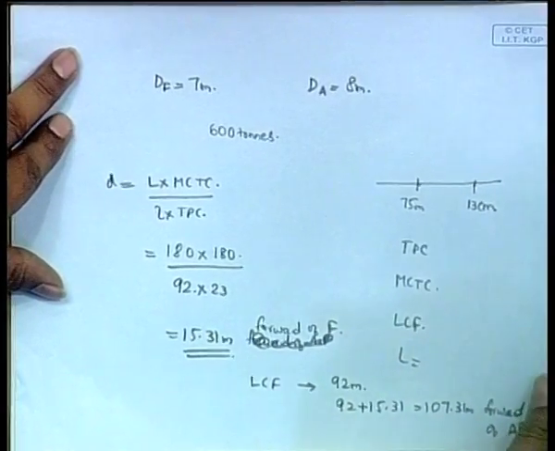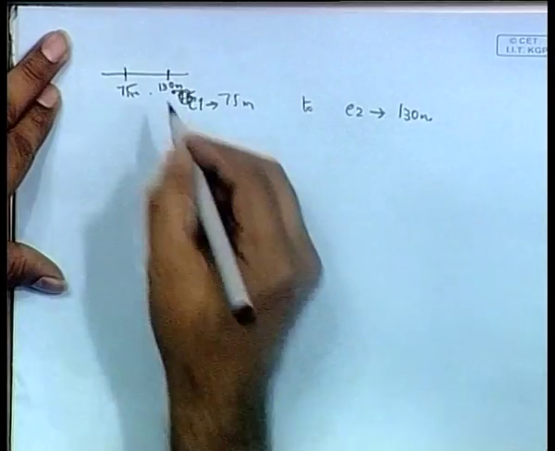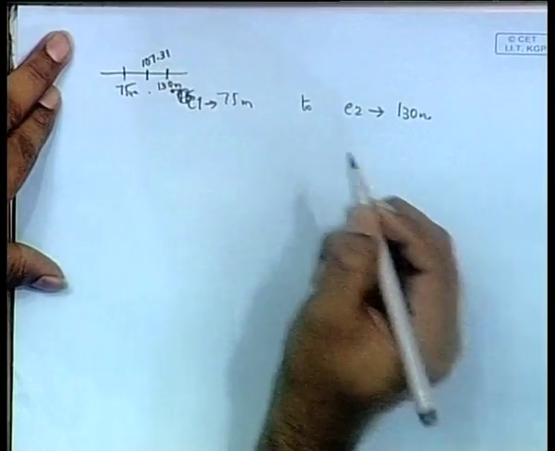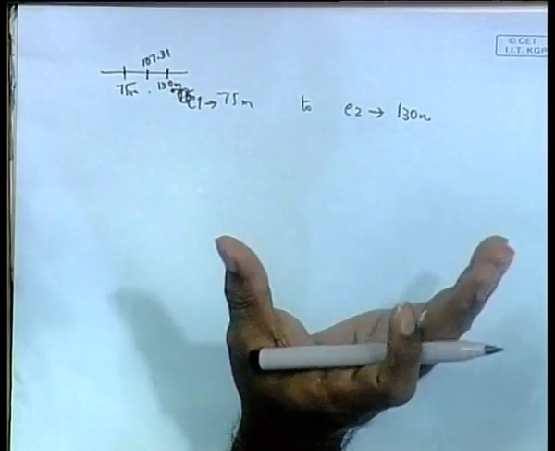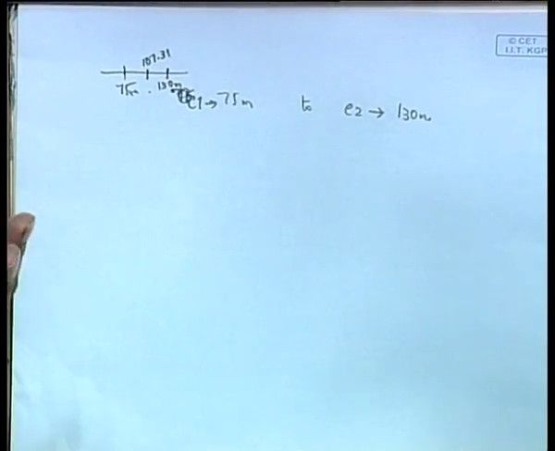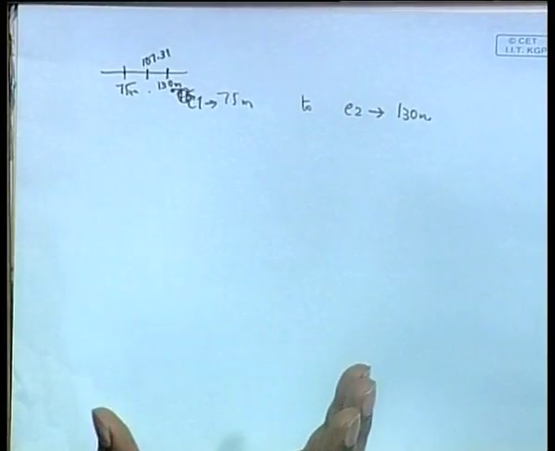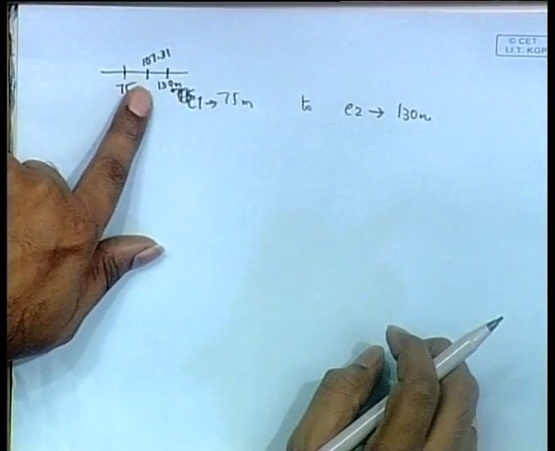So let us take that 107.3 meters. Somewhere around here you have the G, let us say that a W amount of weight is added at 75, 600 minus W amount of weight is added at the other point at 130, as a result of which your center of gravity becomes 107.31.